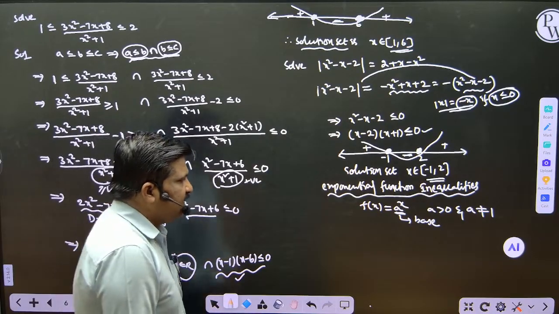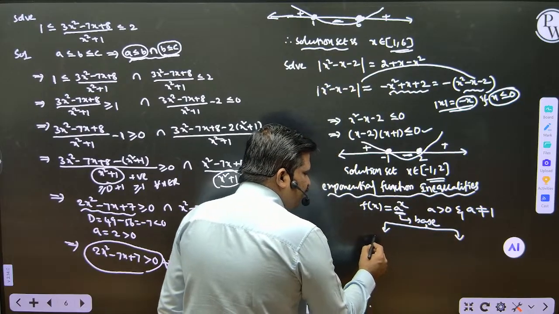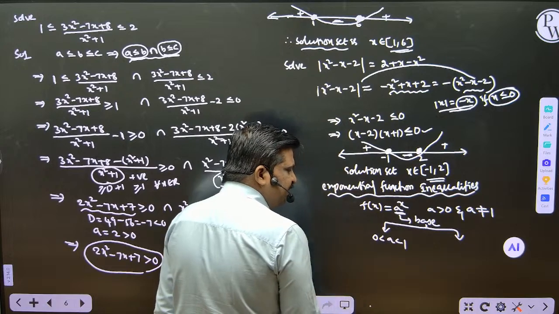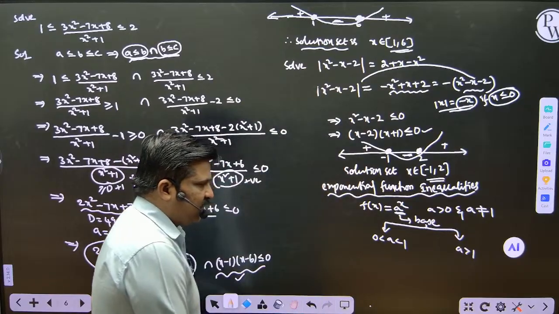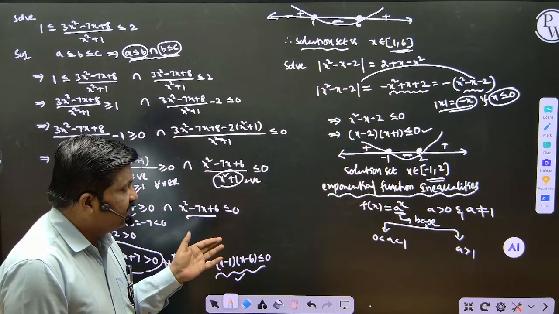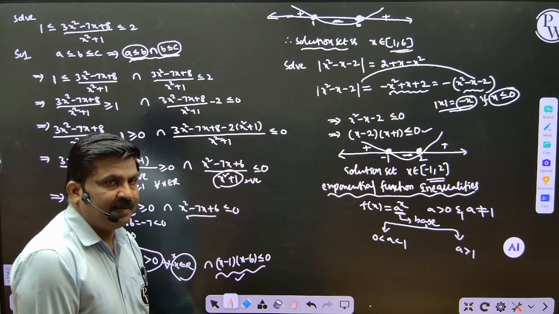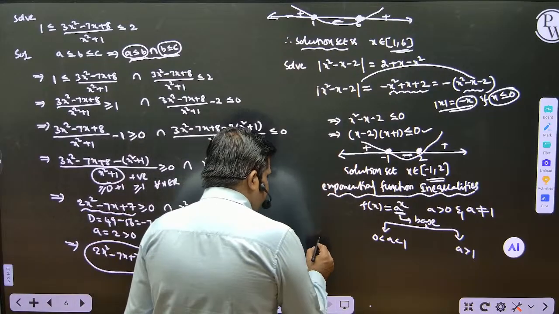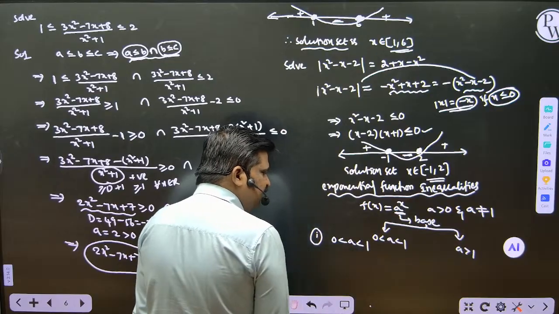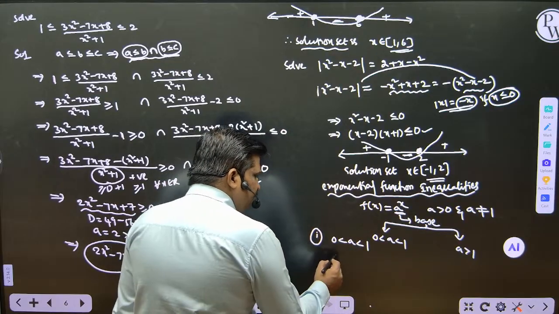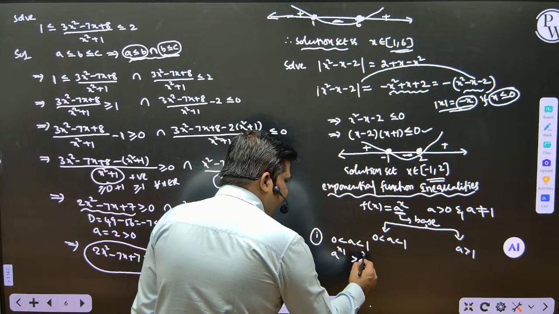So that means your base is divided into two parts, or not. One part is base lies between 0 to 1. Another part is base is greater than 1. Now you just look at here. Case number 1: if base lies between 0 to 1, for example, a power x1 is greater than a power x2.